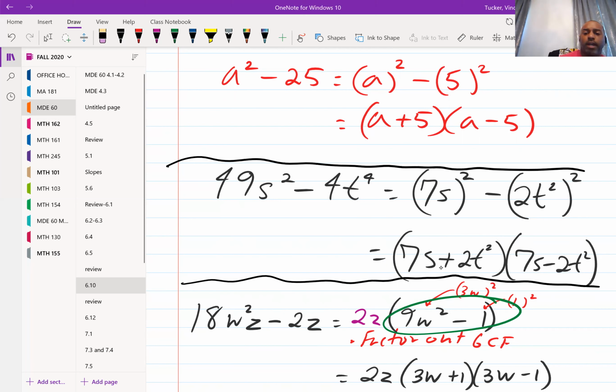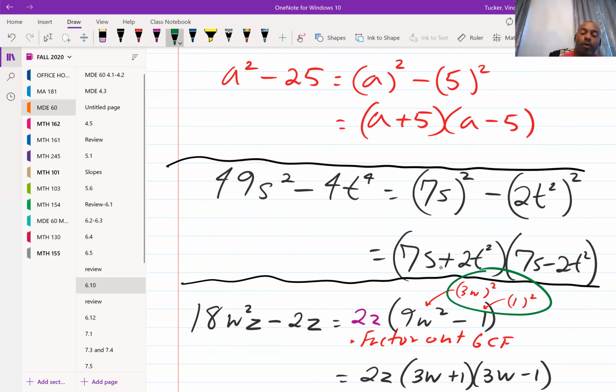Now you want to look at each one of those terms in the parentheses because we see the subtraction. So we're good with the difference part. Then you want to ask yourself, is 9w squared a perfect square? Is 1 a perfect square? And that's what I emphasize right here. 9w squared is 3w being squared. And then 1 is 1 being squared.